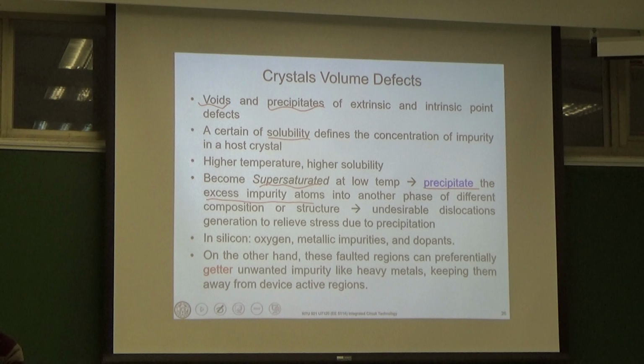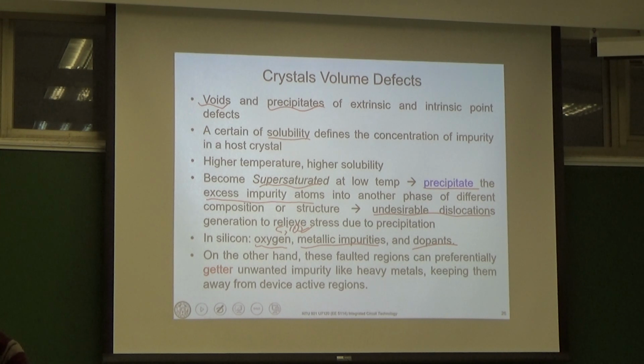And those precipitates will create undesirable dislocations. And in silicon, like oxygen, it forms SiO2. Then you have some metallic impurities or dopants that will also precipitate.